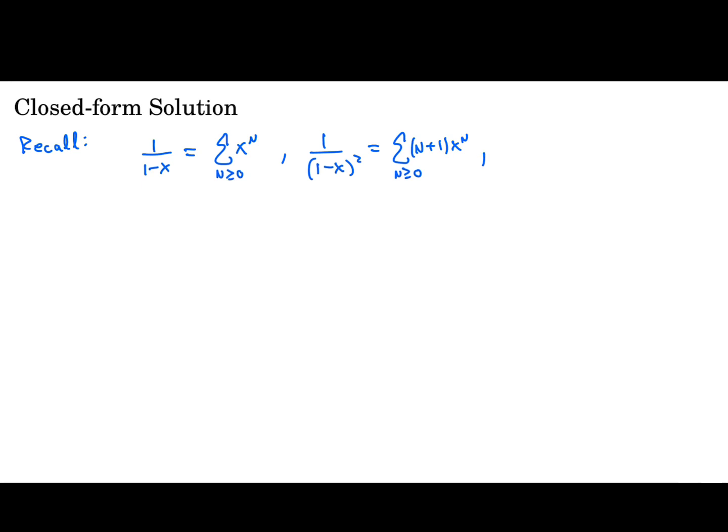And then if you apply the geometric series and replace x with minus x, you get 1 over 1 plus x equal to the summation, n larger or equal than 0, of minus 1 to the n times x to the n.